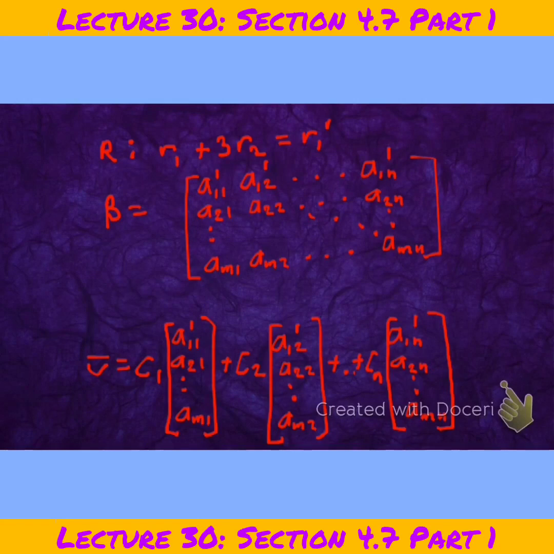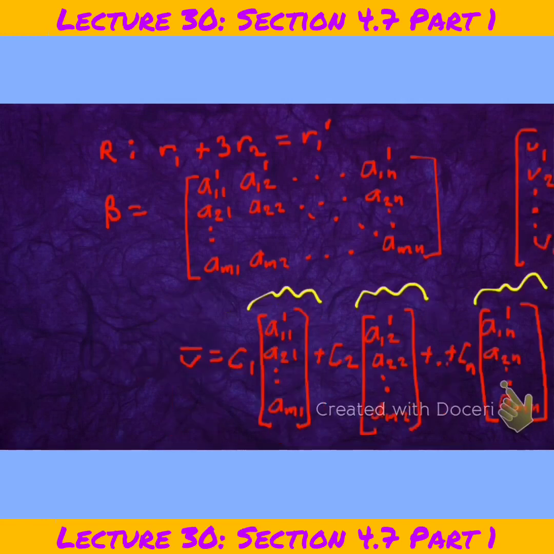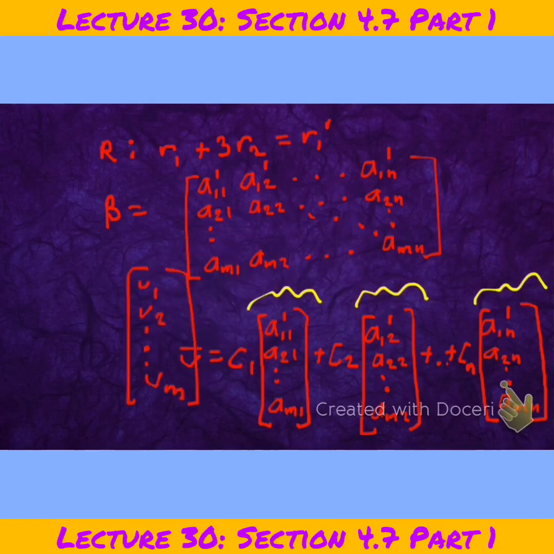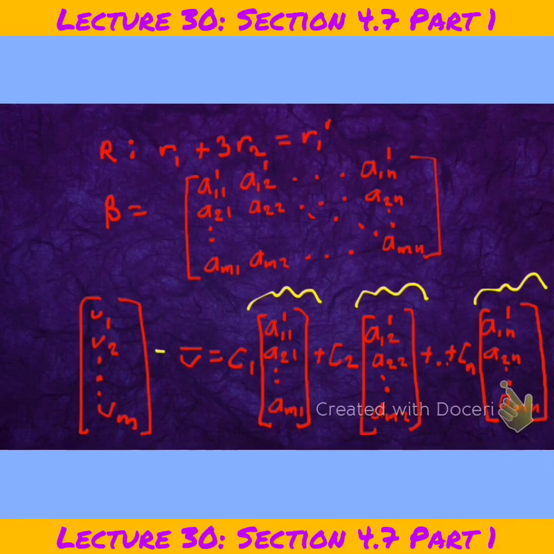Alright, so let's pick a vector V to be in the column space of B. In other words, it is a linear combination of the column vectors of B. And just for argument's sake, V is just some column vector, right?